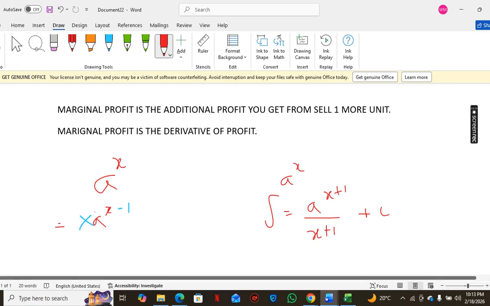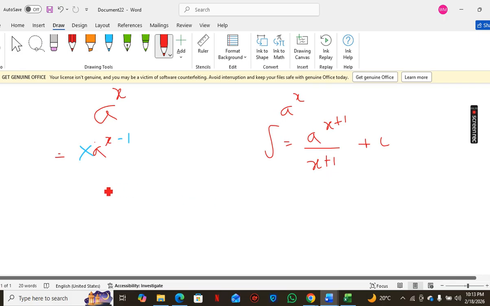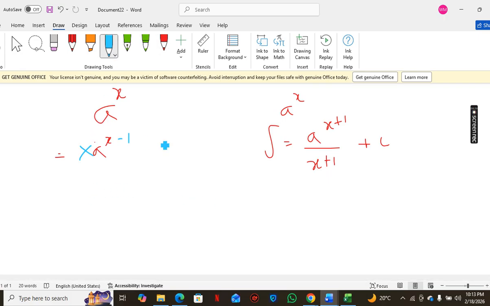So for example, you can have x squared, and they tell you derive x squared. Using the power rule, multiply the exponent with the number in front of the letter: 2 times 1, that is 2x.